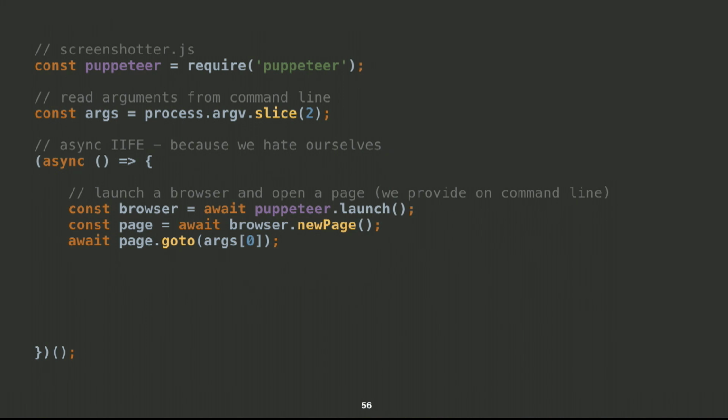So actually, the main part of our screenshotter is to open a website and just take a screenshot. So here we say, Puppeteer, please launch your browser. Please create me a tab. Generally, this is done for you if you're using Chrome anyway, but we have to be explicit with Headless Chrome. And we say, please go to the URL we've provided. As I mentioned before, it awaits, so it's waiting for the browser to finish loading the page.